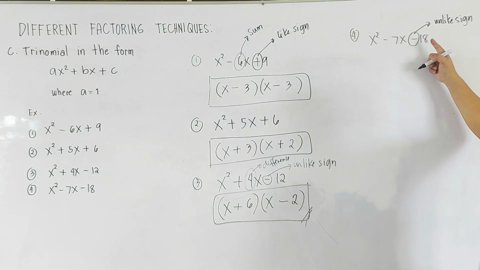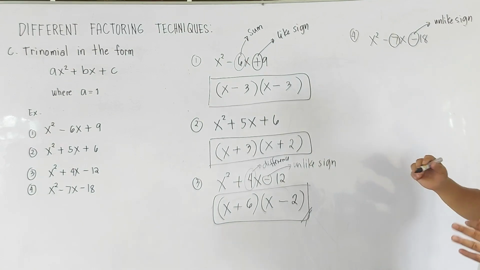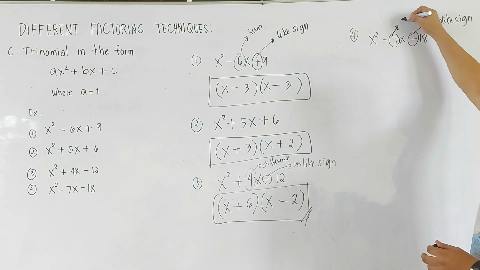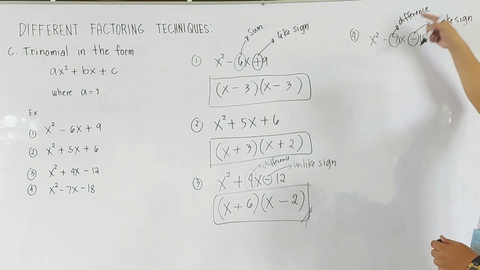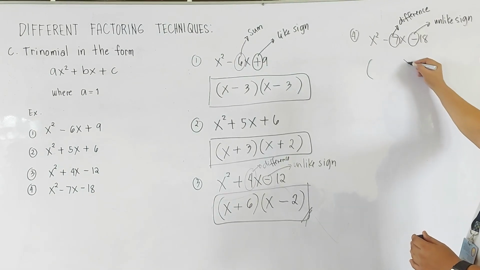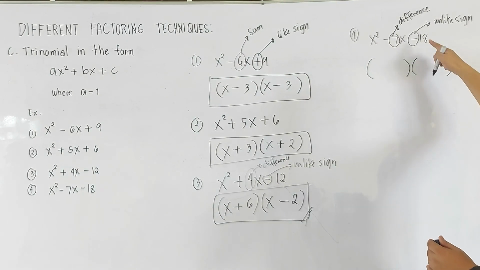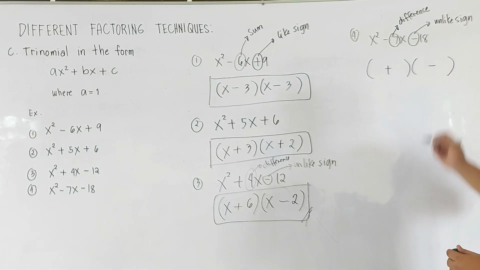And if the sign of the last term is negative, therefore the number in the middle term is difference. Okay, when we say difference, minus yun. Okay? So, gawa na tayo dito ng dalawang parenthesis. At dahil na unlike sign, lagyan natin ng magkaibang sign, isang positive, isang negative.